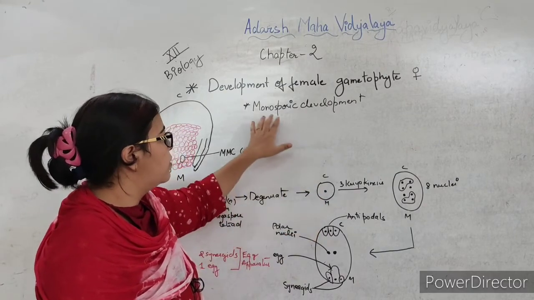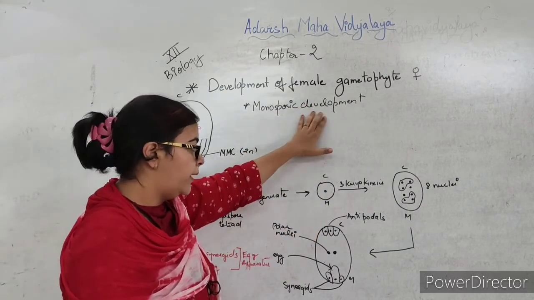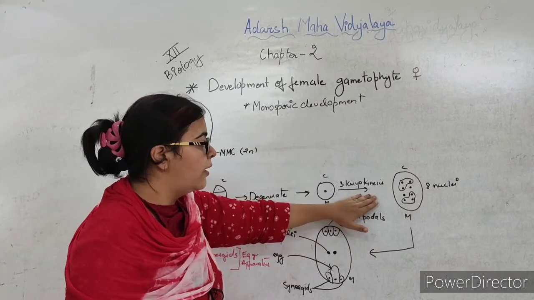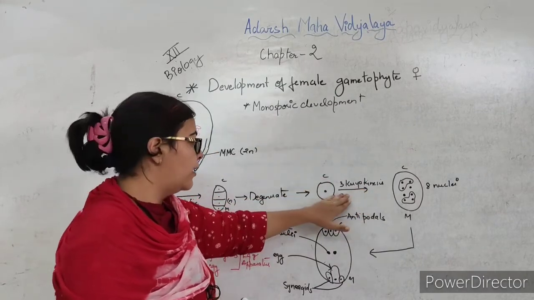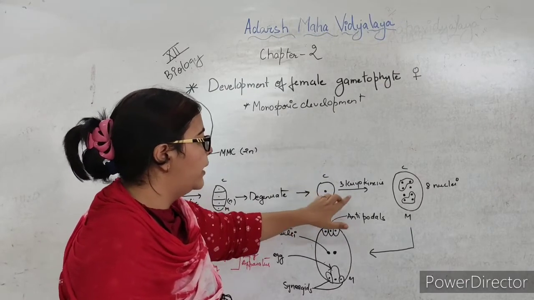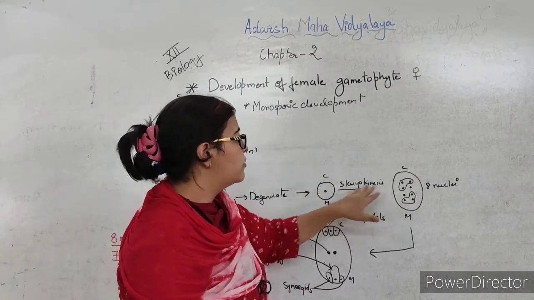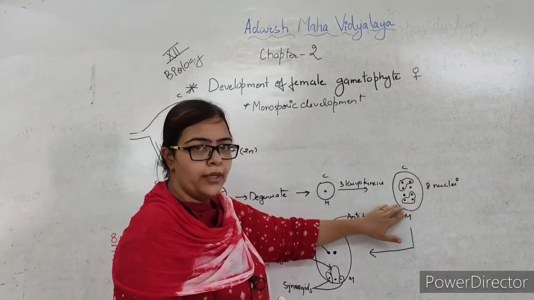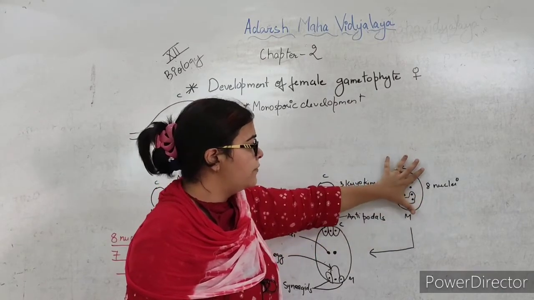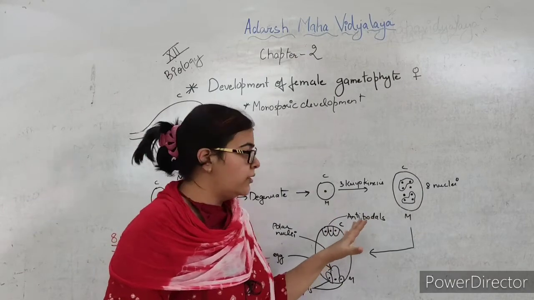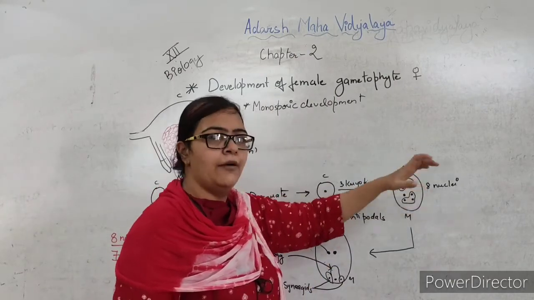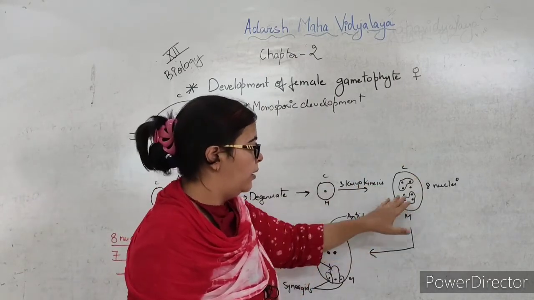So this development is also called monosporic development. Now karyokinesis will occur, that is simple mitotic division. 3 mitotic divisions will occur, and from one nucleus we'll get 8 nuclei. As we have seen, this mitotic division is free nuclear, so first the nuclei will be formed and after that cell wall formation will occur.